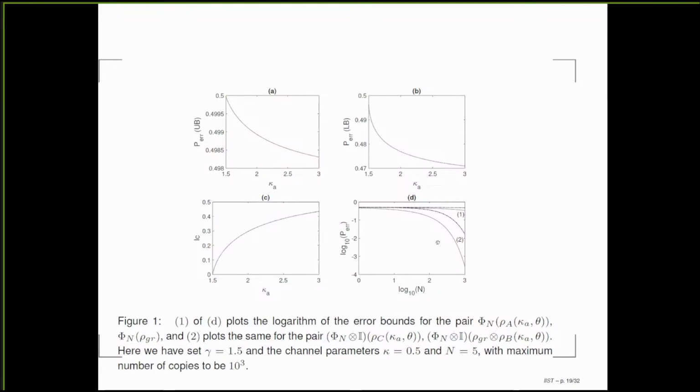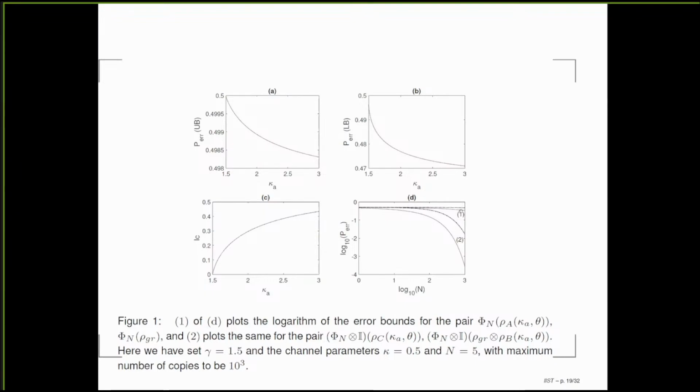And you can see here, this is the lower bound, this is the upper bound, and these two are the pair of lower and upper bounds for situation 1. And clearly, with increasing n, these error probabilities are lower than the error probabilities in situation 1.